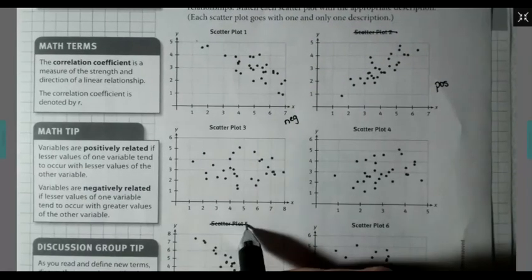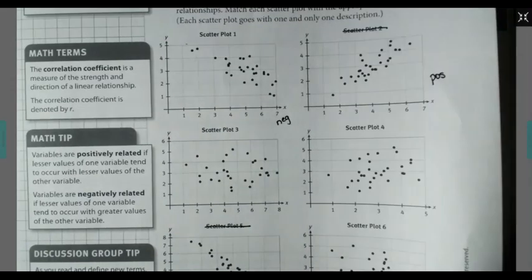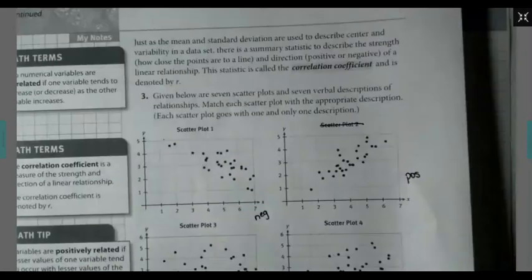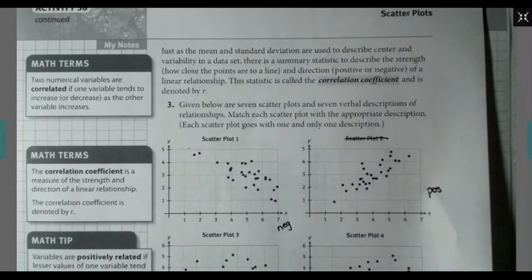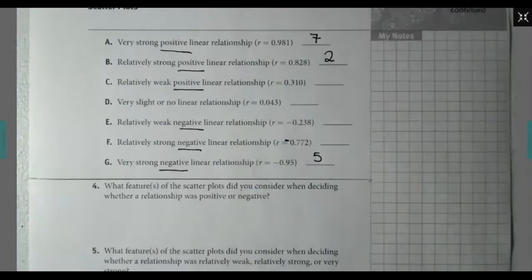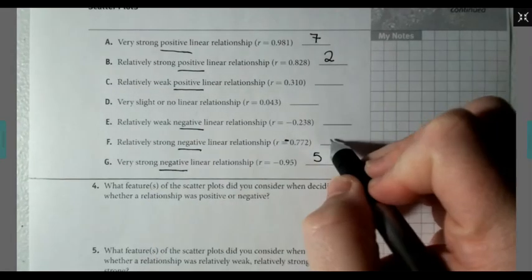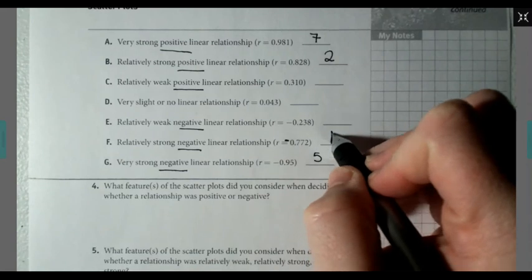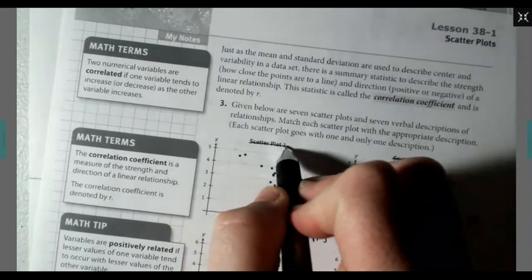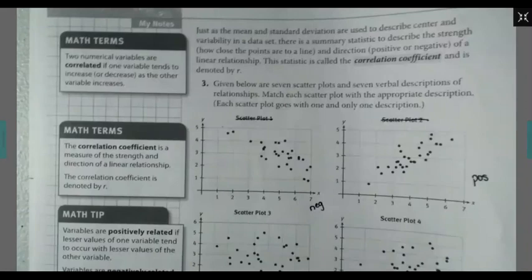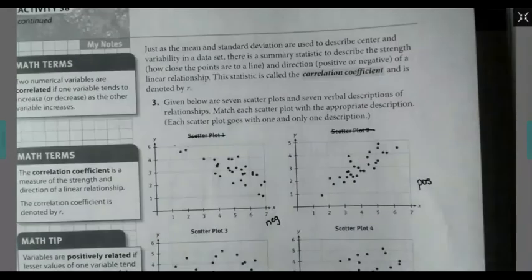Our other negative that we could clearly define was scatter plot 1, but this one's not as strong of a negative slope. So this is going to be our relatively strong negative. So that's number 1. So that leaves me with 3, 4, 6.